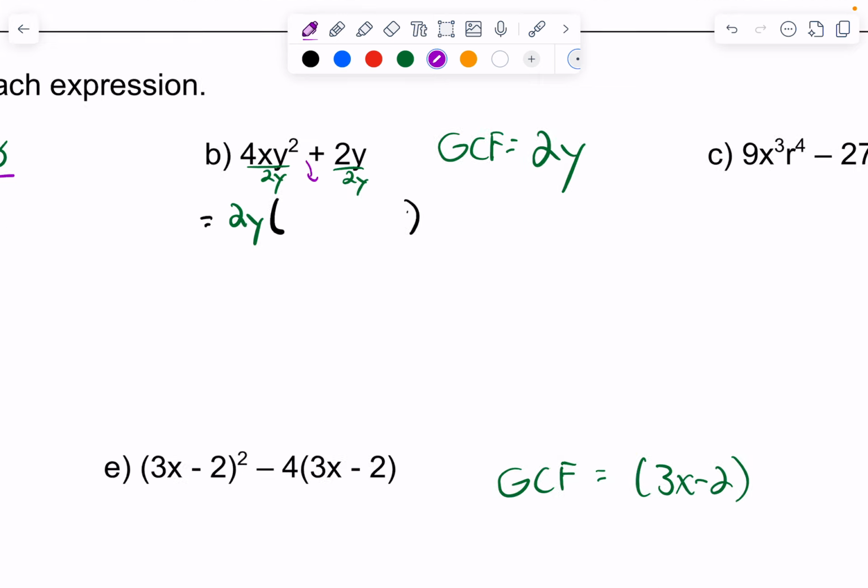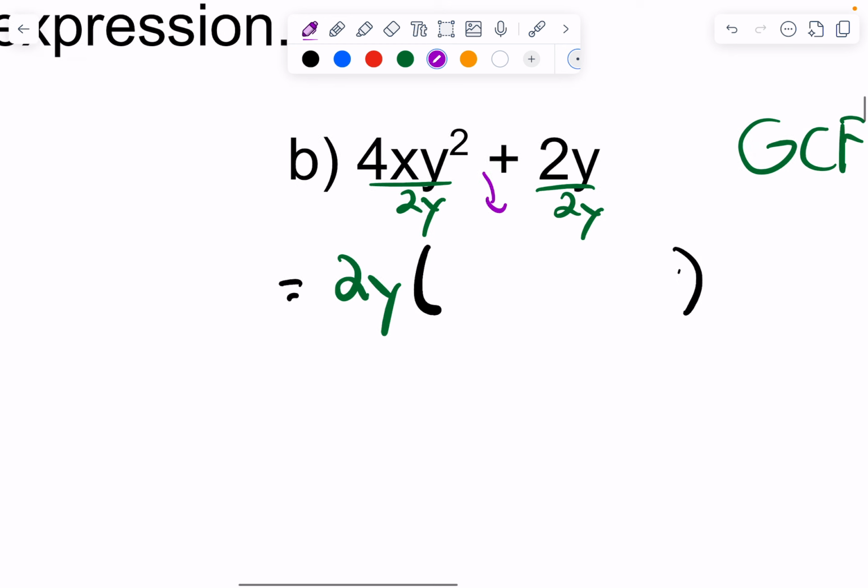So let's look at the first one. 4xy squared, all right, divided by 2y. Well, the numbers divided by the numbers, so how many times can 2 go into 4? Or technically this 2 and this 4 cancel, and you're left with, I'll do it in red, 2, right?